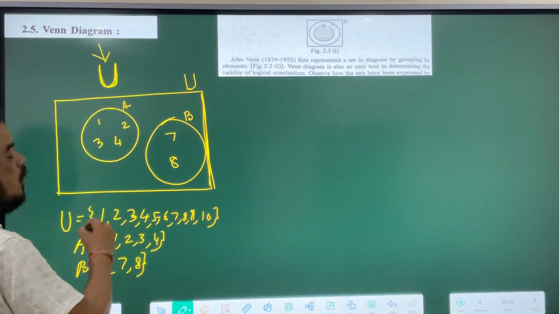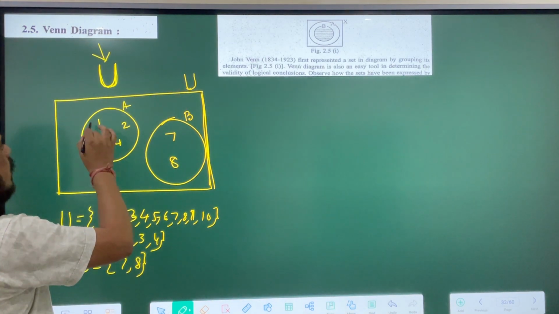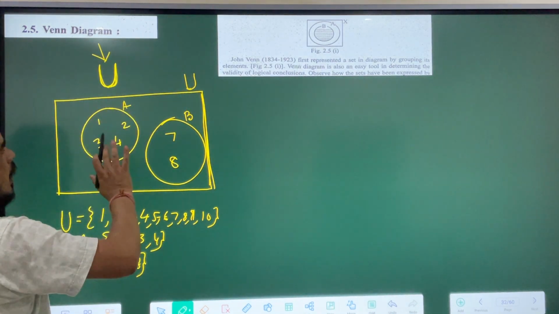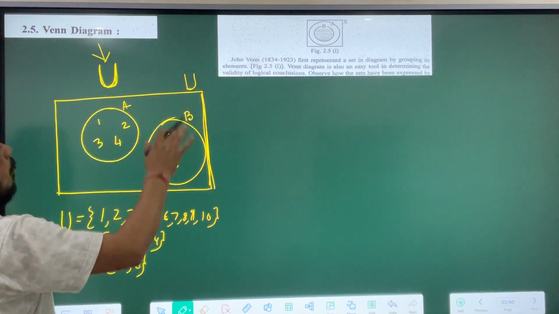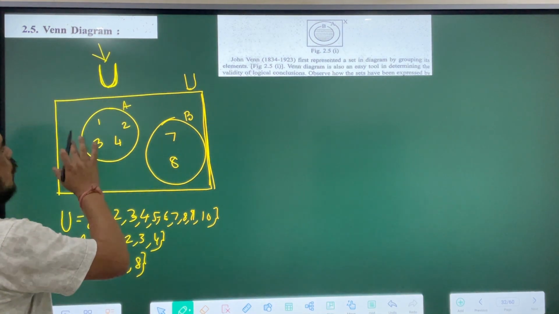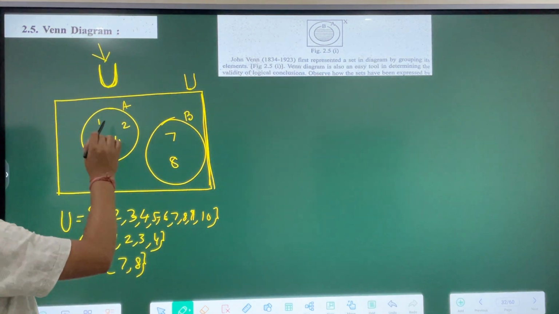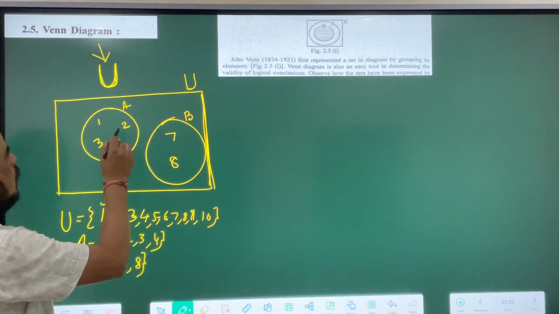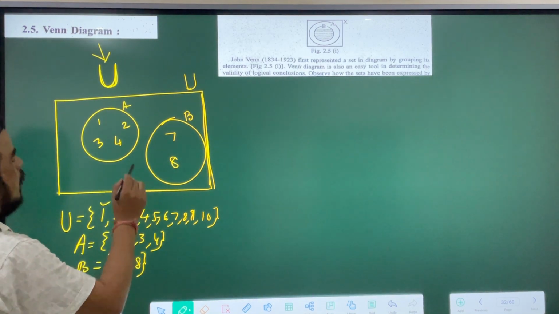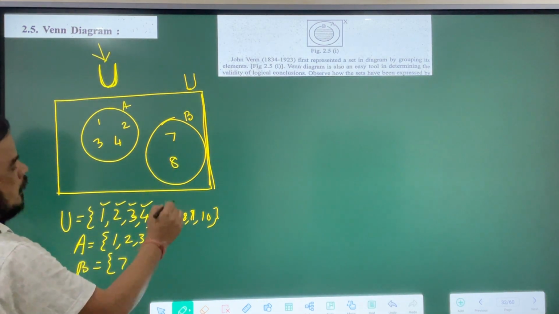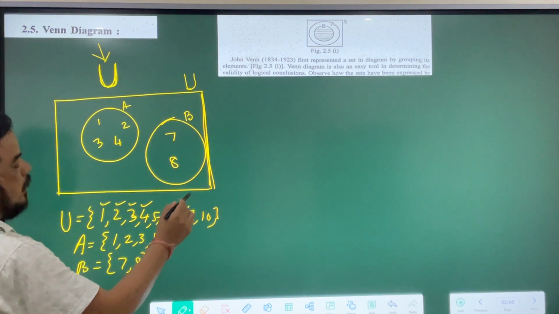This box means 1 to 10. Forget about these circles now for time being. Inside the box we have written total 6 elements, but here 10 elements are there. Inside the box what we have written? 1, 2, 3, 4, 7 and 8.